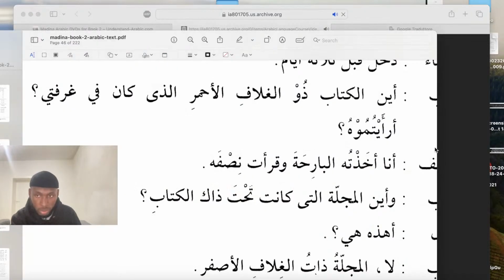Okay, yesterday. You see this is a zarf. It does not commonly come as mudaf. We said there are some zarf that come as mudaf, and obviously we saw that for this zarf you just have to see if it answers the question of then or what, then they are a zarf that behaves as mudaf.